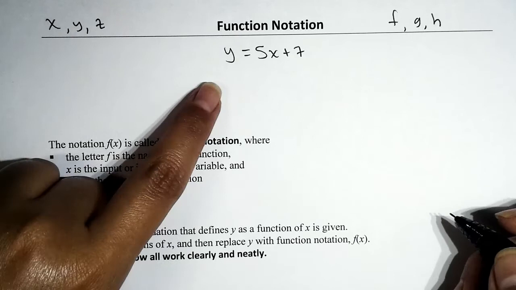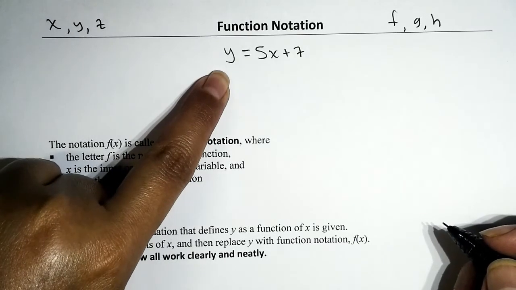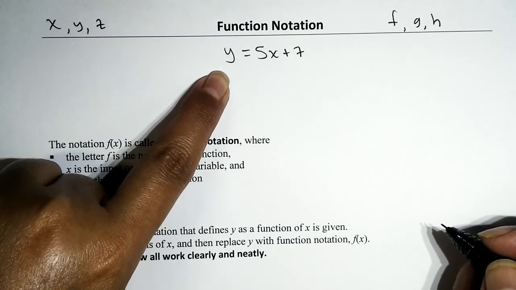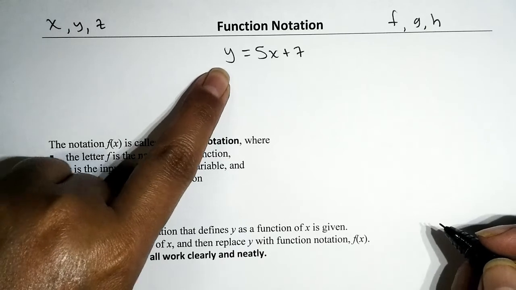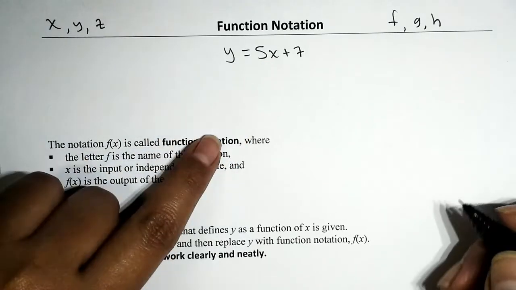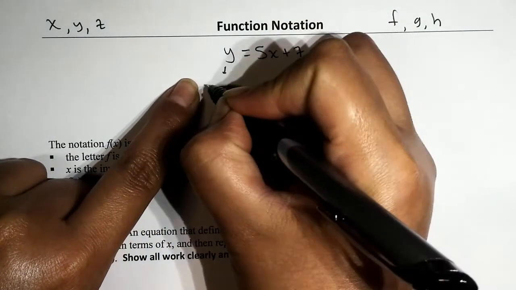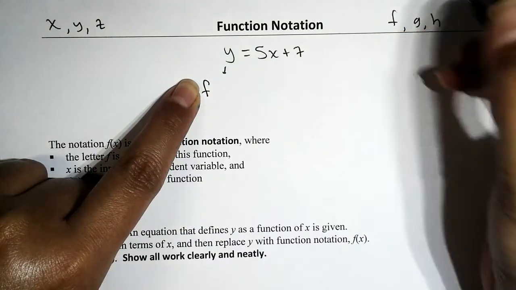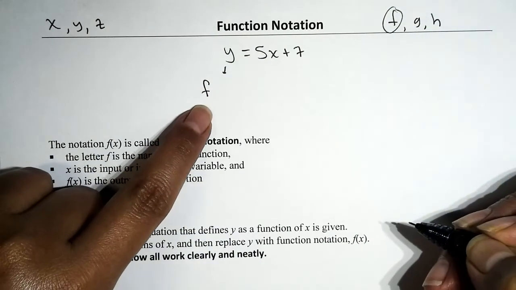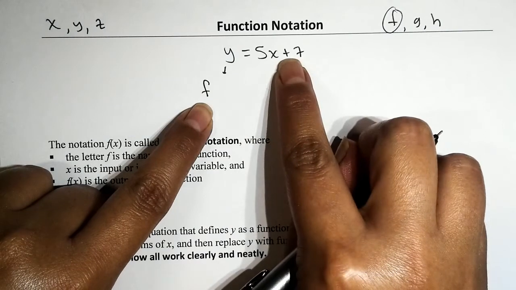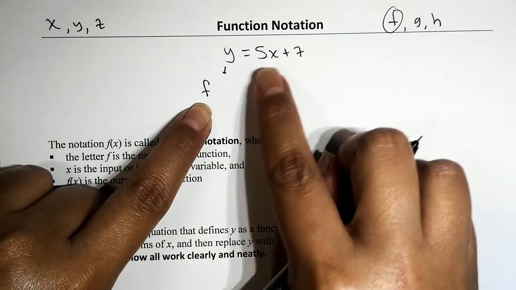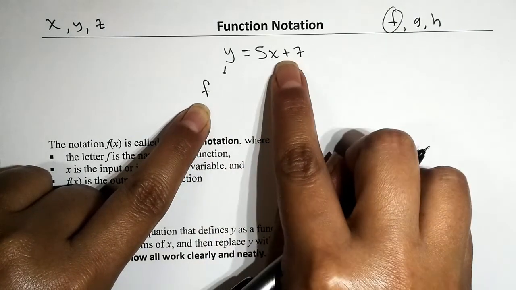So we are going to rewrite this equation using function notation because we want to emphasize that y depends on the value of x. So we're going to have f, because that's the name that we selected, and we want to say that f is a function of x.